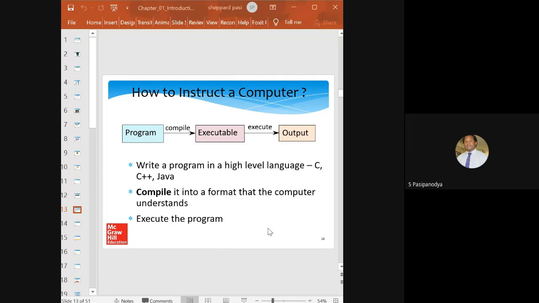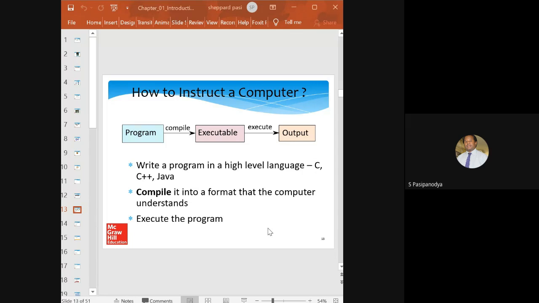So, let's look at how we instruct a computer. A computer is instructed by giving it a program, which it then compiles into an executable piece of code. Then it executes that code to produce an output.